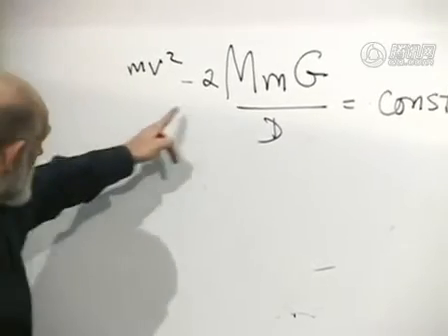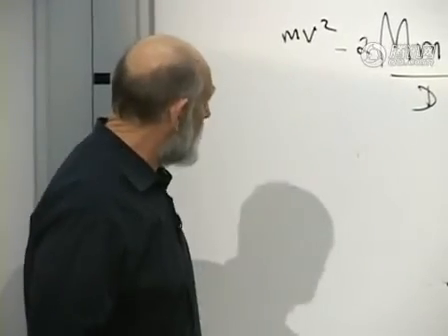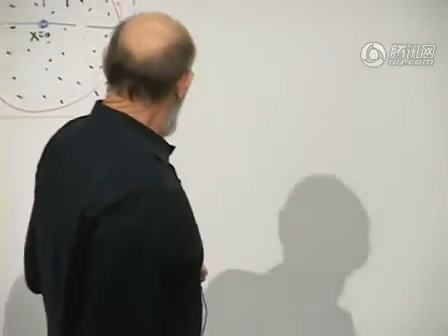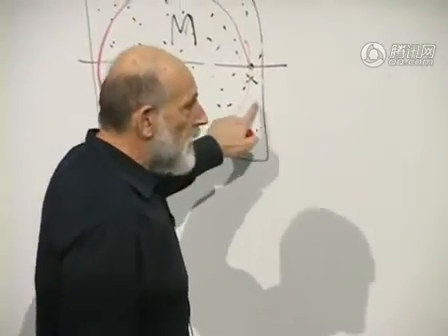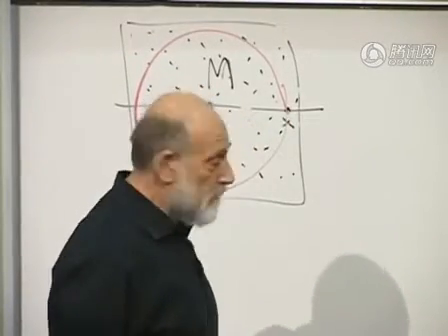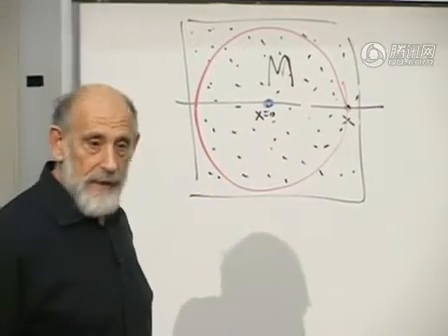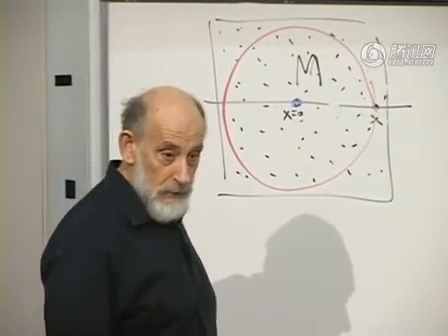So the way I've written it here with the 2 is exactly the same equation that I wrote before. Okay. All we have to do to implement this equation is try to figure out what the velocity of this particle at point x is. And here is where the Hubble law comes in.